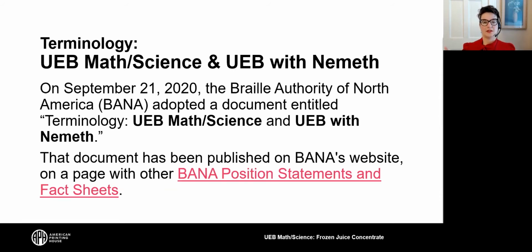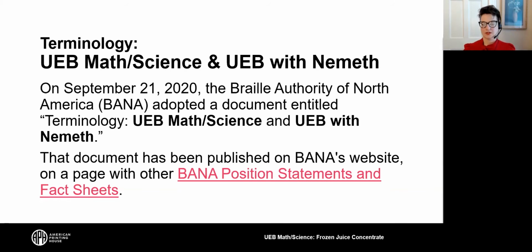So these are the recommended terminologies for the two different ways that in the US we transcribe math and science material. It's meant to distinguish what's transcribed according to guidelines for technical material, the full UEB code, as opposed to when Nemeth code is used within little bubbles defined by switch indicators, and the greater context is in UEB.